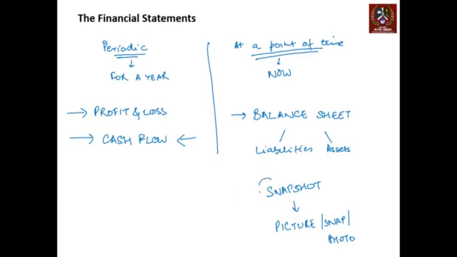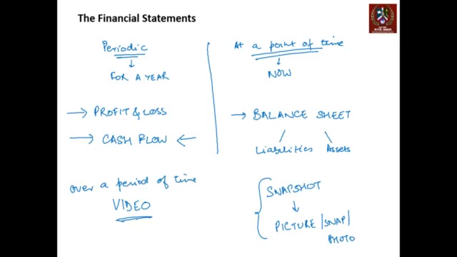Whereas if you were to use a similar analogy here, this is like a video. It is over a period of time, right? So unlike here, where you're taking a picture at a particular instance, here you're creating a video for a period, right? That's what periodic statements are.